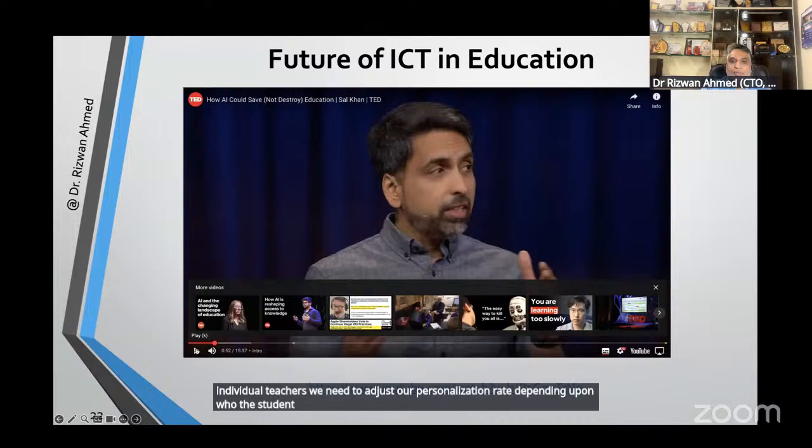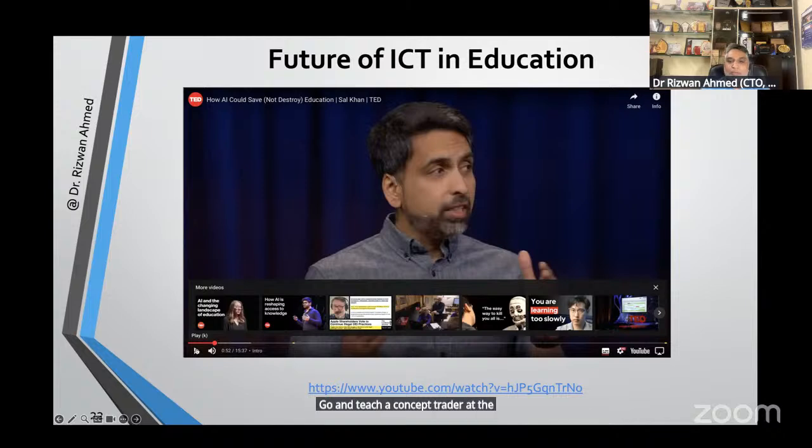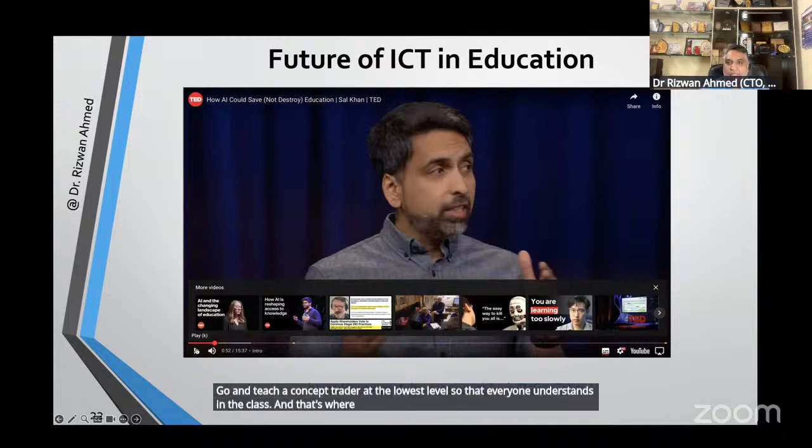And at times it becomes very difficult if there are many students in the class. Some people might find it not relevant how you're trying to teach a concept at the lowest level so that everyone understands in the class. And that's where having an AI agent or AI tool, which is completely personalized, considering how I'm learning certain things, is something which is very, very innovative. And that's what Khan Academy is doing right now.